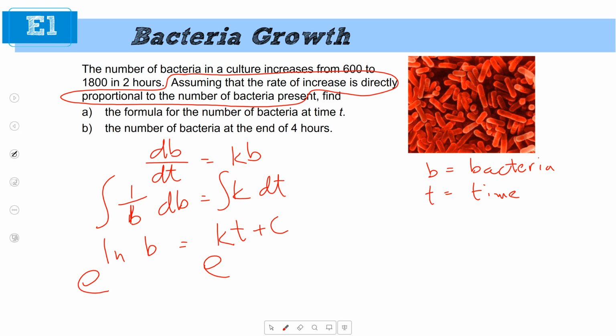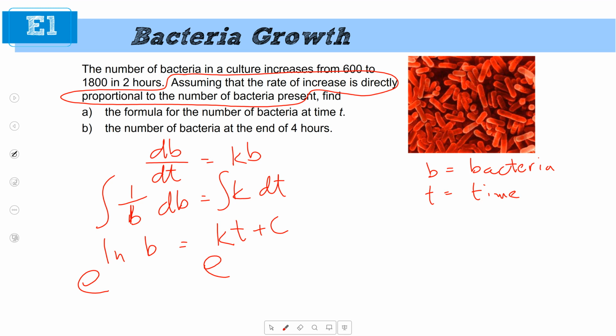And I'm choosing to put that C on the side with the T because it makes our lives a little bit easier. So the plus C, when you raise to the e, stays with the kt; it doesn't move out. Because I'm raising that whole side as the exponent for the e term.